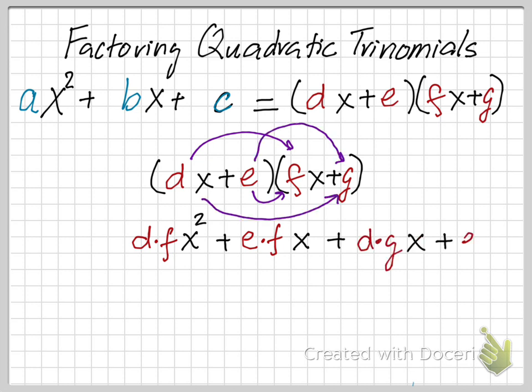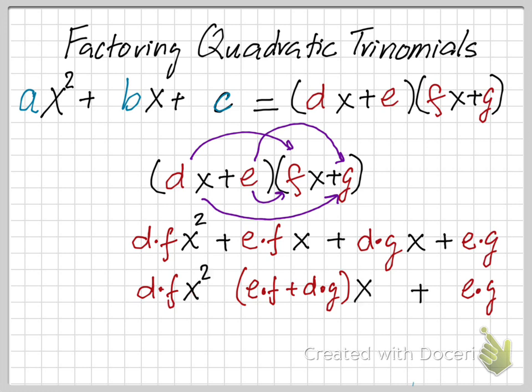Then multiplying dx times g, you get dgx, and lastly, multiplying e times g, you get eg. So gathering all the coefficients together, the coefficient of x squared is df, the coefficient of x is ef plus dg, and the constant is equal to e times g.